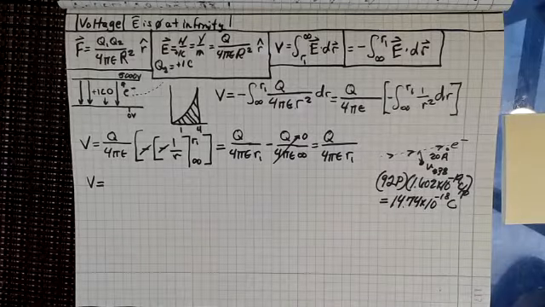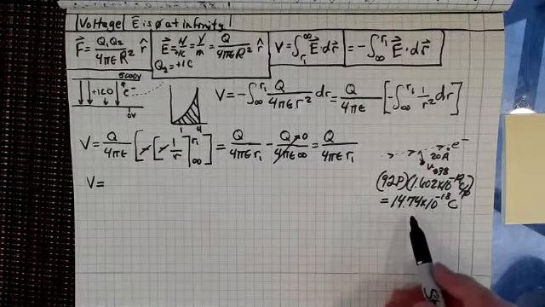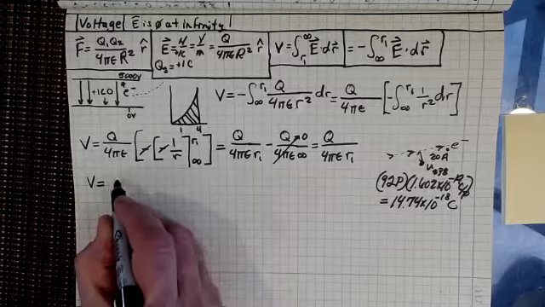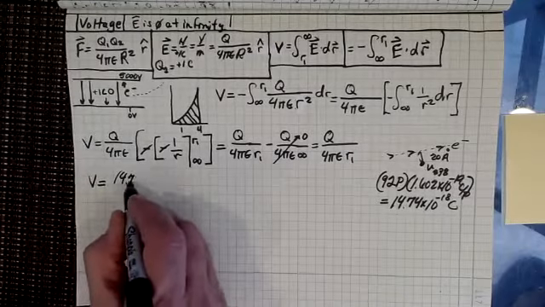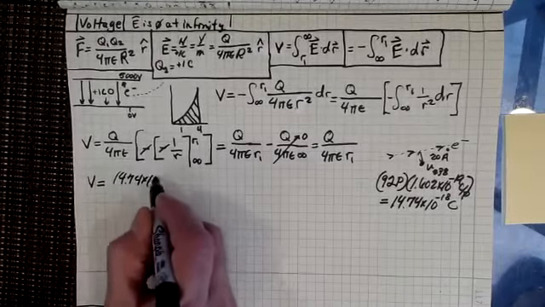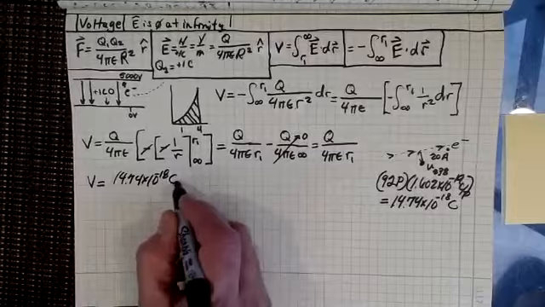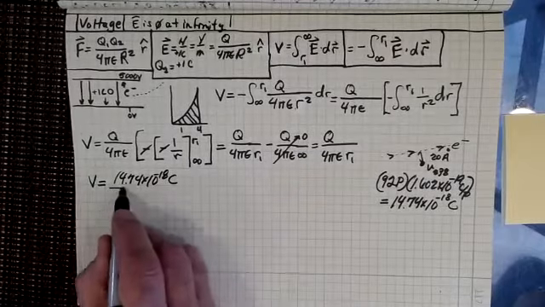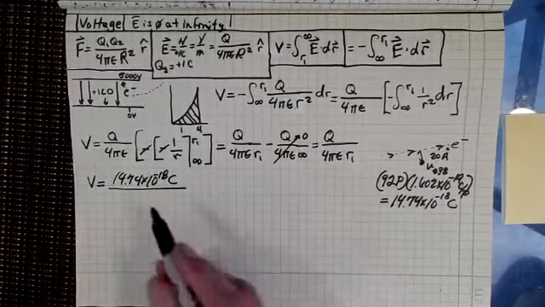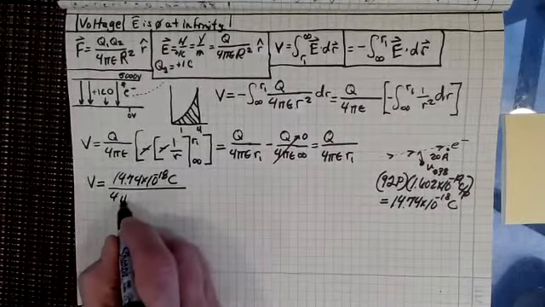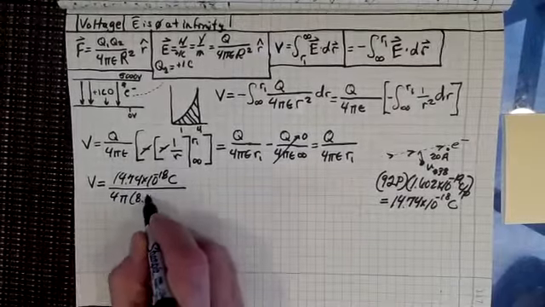And that's what the charge is going to be at that point. So let's put that in there. So 14.74 times 10 to the minus 18 coulombs divided by 4 pi 8.85.